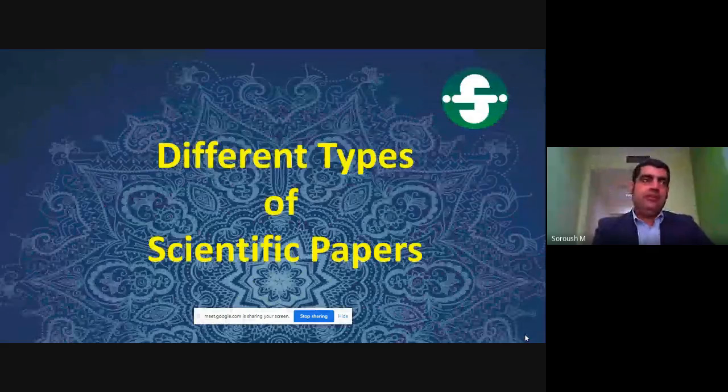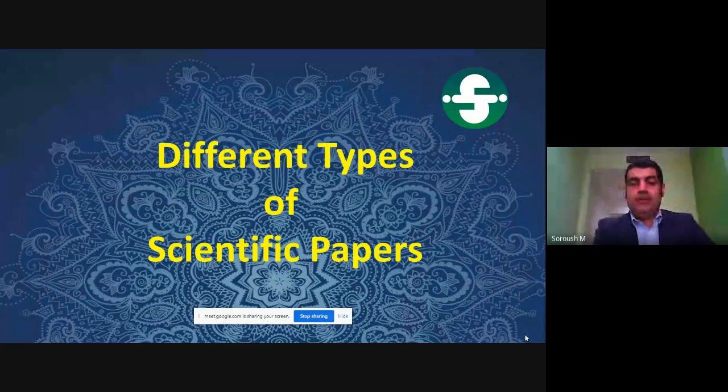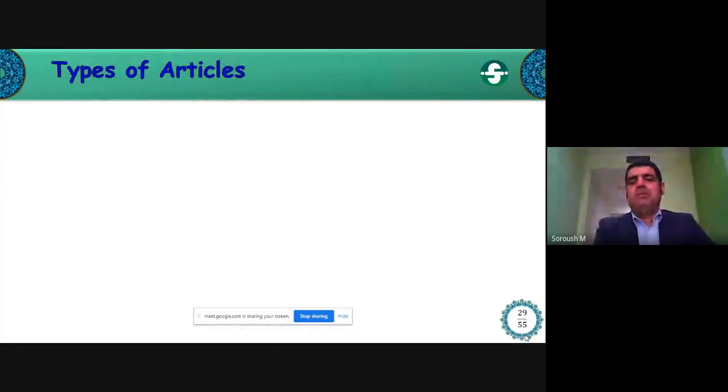So let me show you some kinds of scientific papers you are able to write. Many people think that research articles are the most common kind of manuscript or paper.